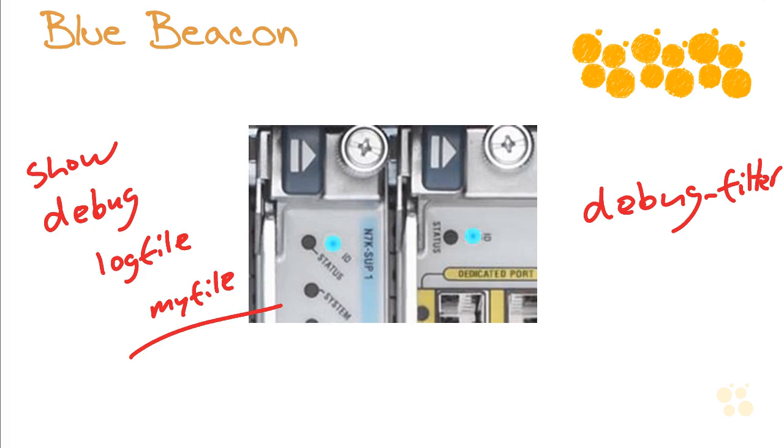This would limit the EIGRP hello packet debug information to that specific interface. So you could go in and say debug filter ip eigrp interface Ethernet 2/1, debug eigrp packets hello, and now you're going to be debugging that EIGRP information, but you are going to be limiting it to the criteria that you specified. Very, very cool feature.